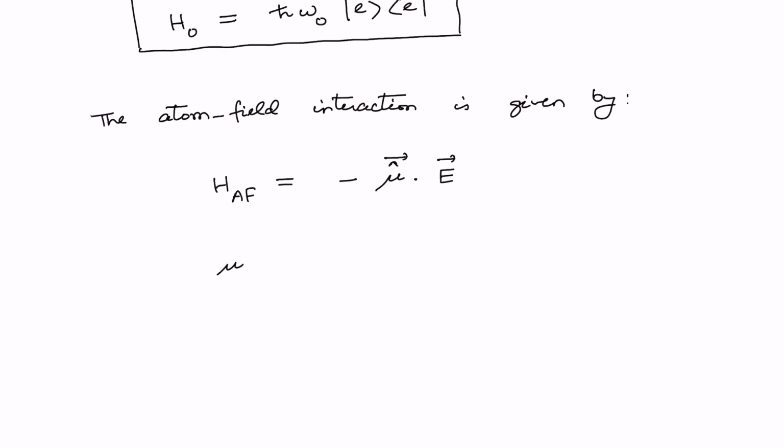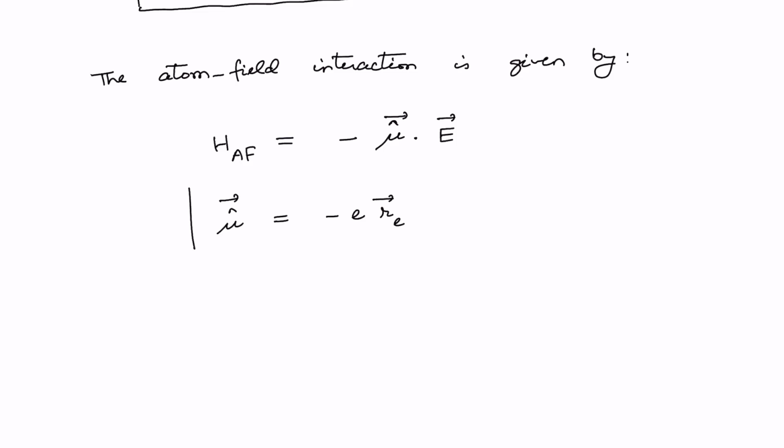And this dipole moment of the atom, if I consider the atom to have only one electron, would have charge minus e, and the location of the electron in the atom is denoted by this position vector r_e.